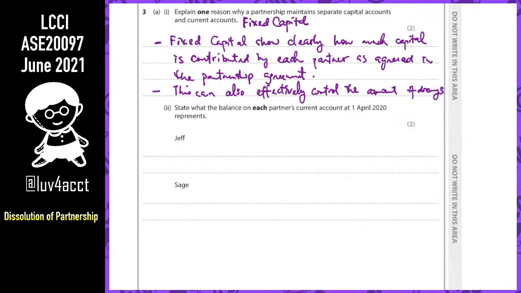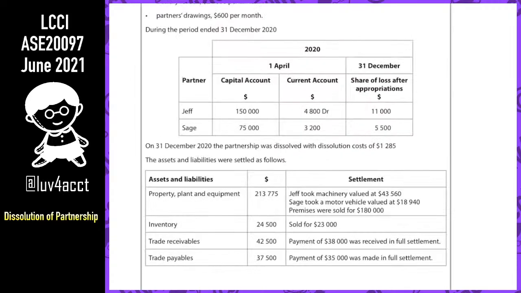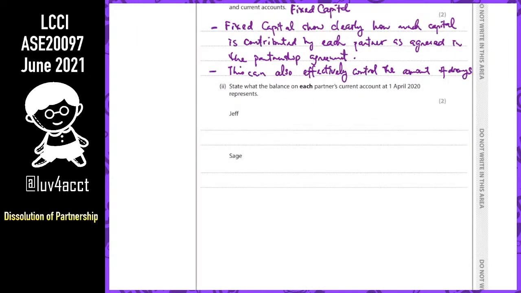Okay, so state what the balance of each partner's current account. Usually this will be one positive, one negative. Let's see, the current account of Jeff is a debit balance, while for Sage it is the credit balance. That means positive balance. So we can see Jeff is a positive.